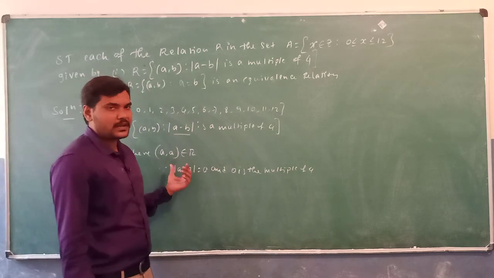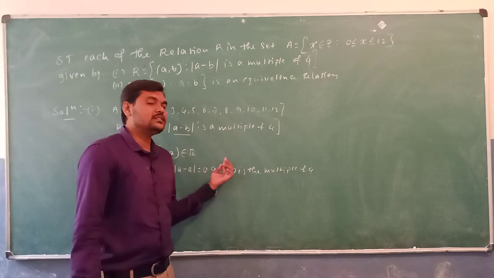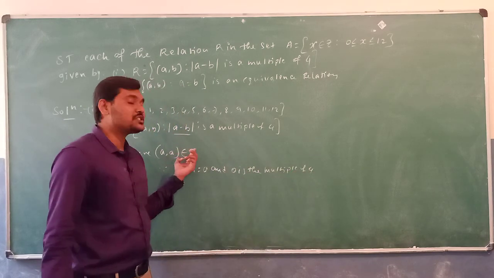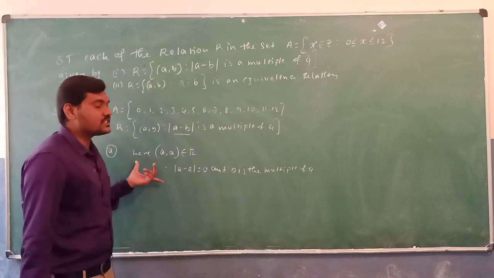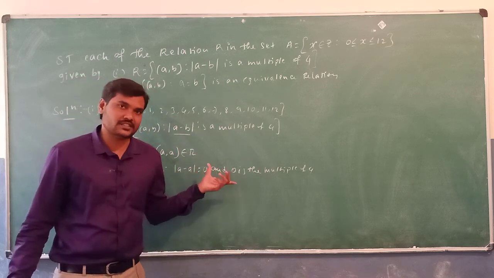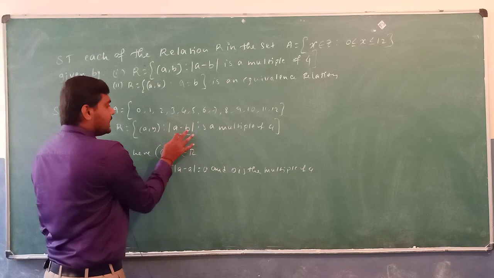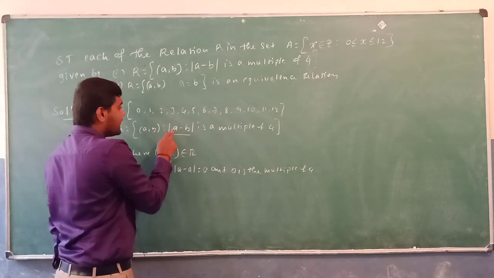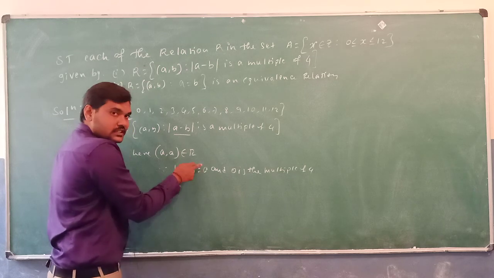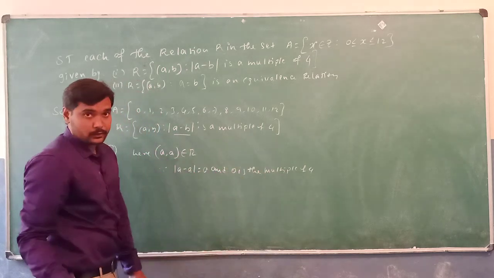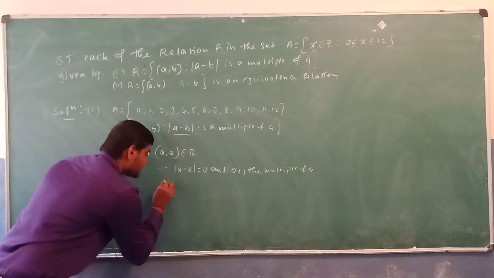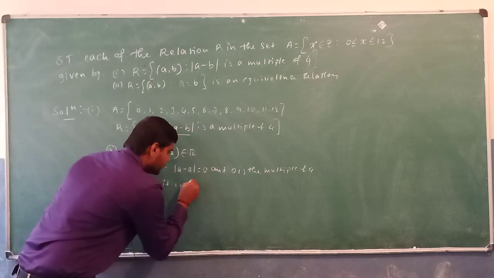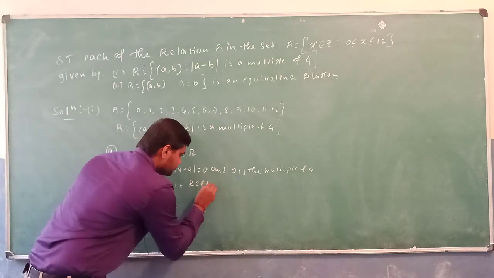Again the modulus of a minus a is nothing but 0, and 0 is a multiple of 4. So we can say that the given relation is a reflexive relation. Replacing b by a, a minus a is 0, and again 0 is a multiple of 4. Therefore it is reflexive.